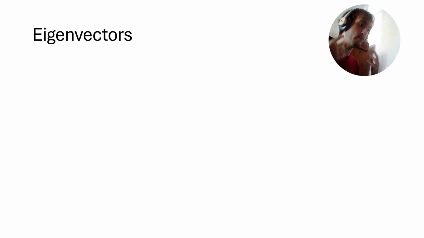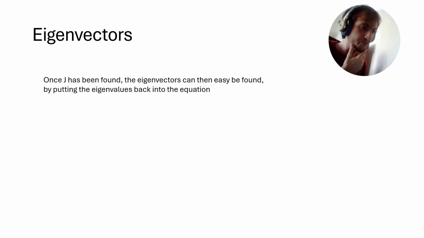So we talked about finding eigenvalues. The last thing to then talk about is finding eigenvectors. As we mentioned before, the eigenvectors have just as much physical significance as the eigenvalues, so you're often interested in finding both. The way you do this is, firstly, when you solve the eigenvalue equation, you find the eigenvalues.